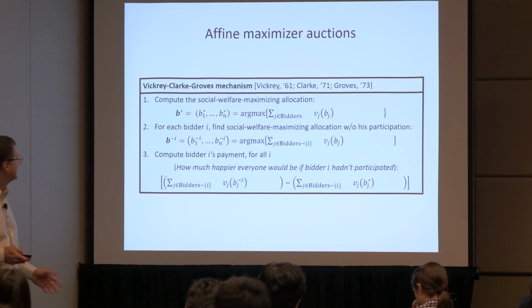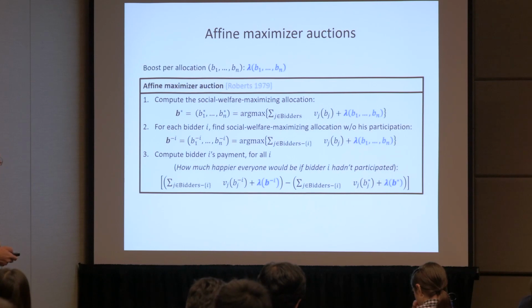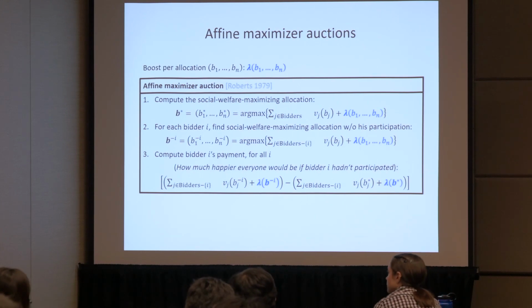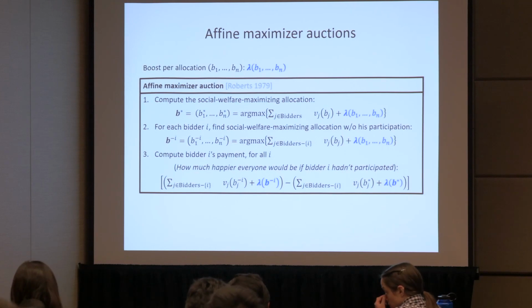So that's the VCG. Now I can actually add these boosting terms per allocation, which I'm going to call lambdas. So I can actually control, kind of artificially prefer some allocations over others. And now I have a lot of knobs that I can start turning and they affect revenue.